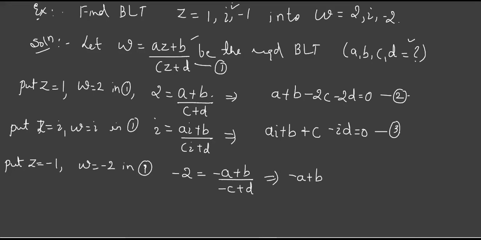Now I shift: minus c into minus 2 is plus 2c, take it on the other side, it becomes minus 2c. This d into minus 2 means minus 2d, shift on the other side, plus 2d. This is my equation 4.